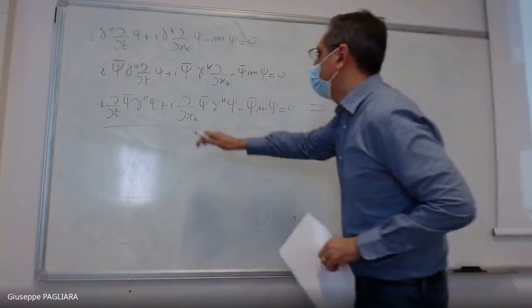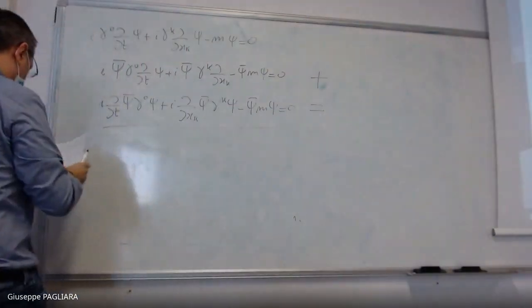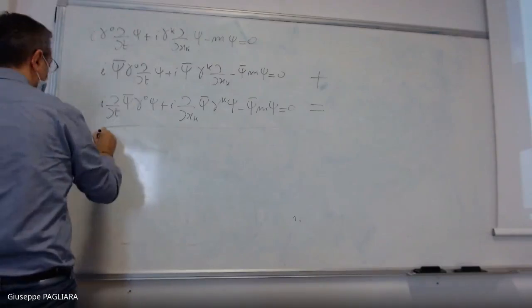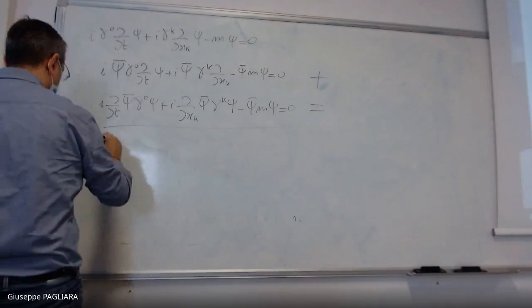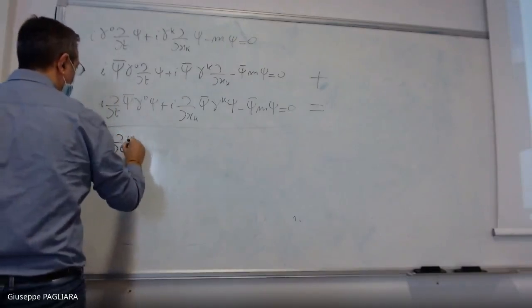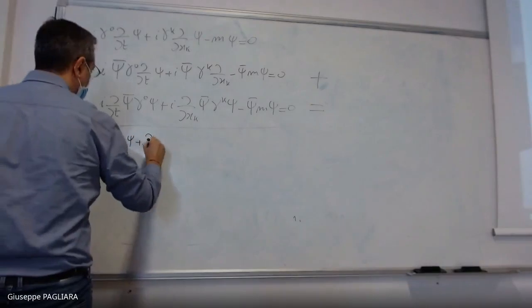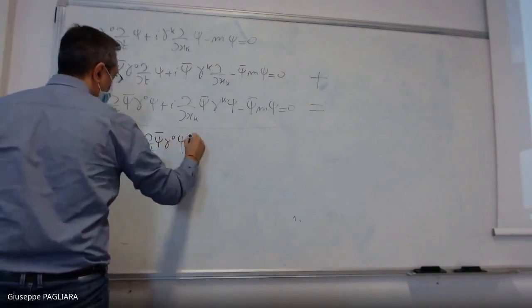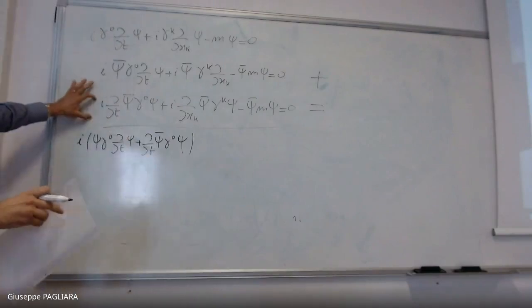Okay, so let's now add term by term what we have here. So we have i, then we have psi bar gamma 0 ∂_t psi plus ∂_t psi bar gamma 0 psi. And it is this plus this.